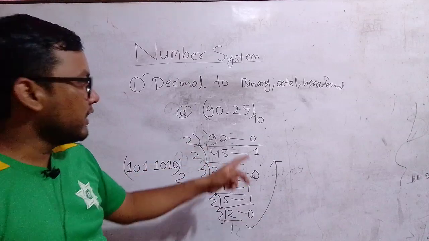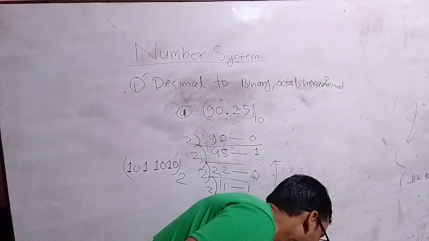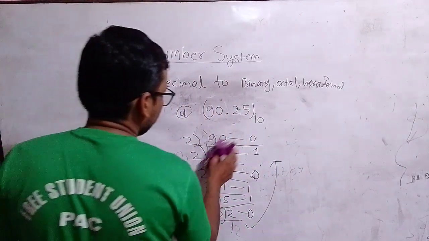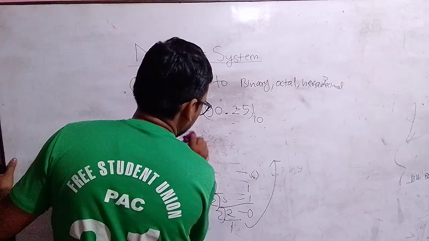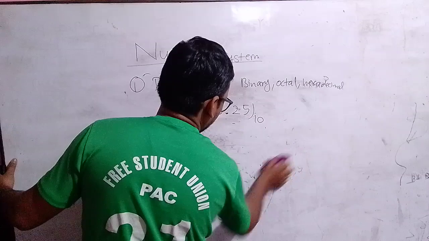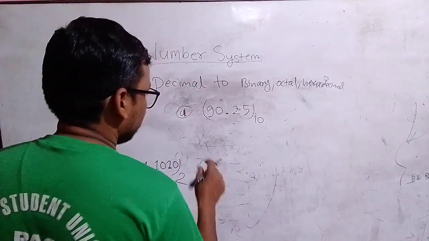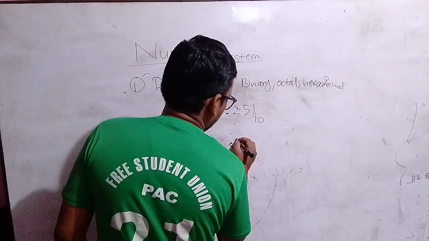Now we need to find the equivalent binary of this .25. What is the procedure to obtain the binary equivalent of .25? We need to make a table. For example, 0.25.